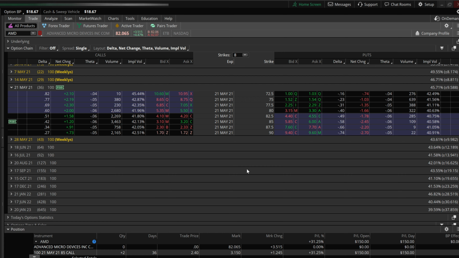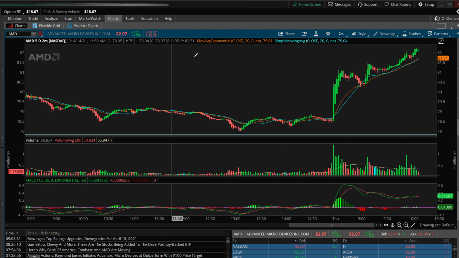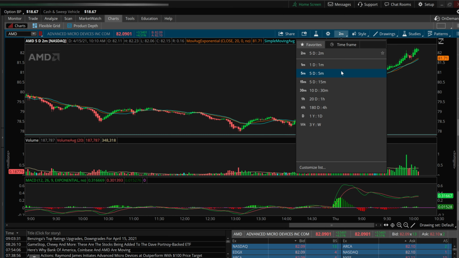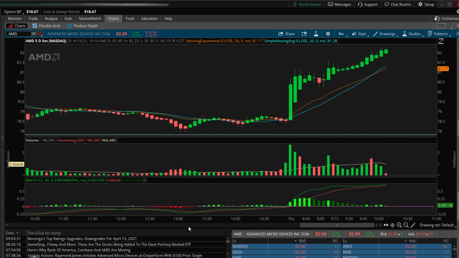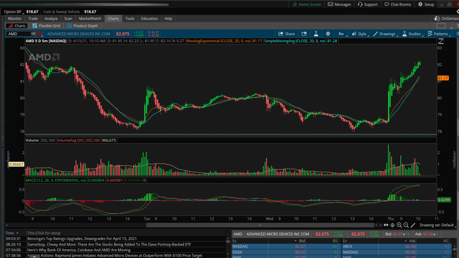All right, so it's been a few minutes. I'm back. I dropped down to the 2 minute chart. It's personal preference. This looks like it's just getting way overextended right here. Sharp, the volume's starting to come down.